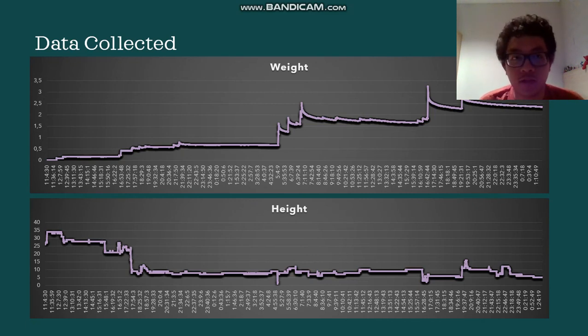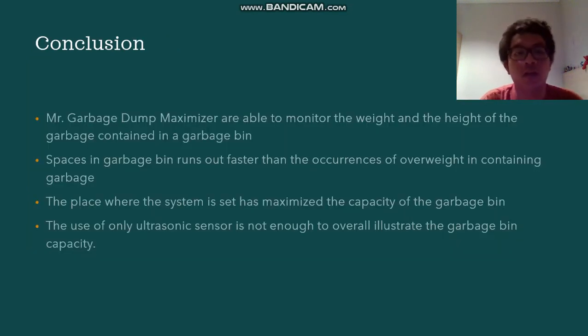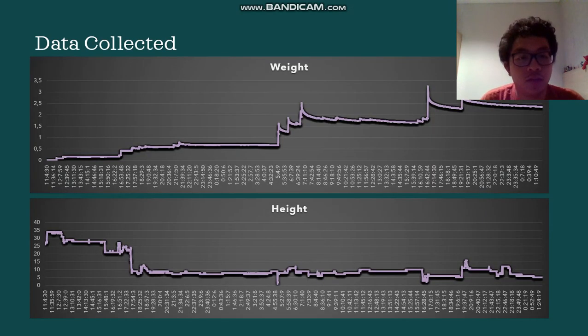So okay, this is the result of the data, and here is the conclusion. Mr. Garbage Dump Maximizer is able to monitor the weight and the height of the garbage contained in the garbage bin, and the space in the garbage bin runs out faster than overweight occurs, because as I told you before, the height on a quarter part of the graph is high, but the other part is low.